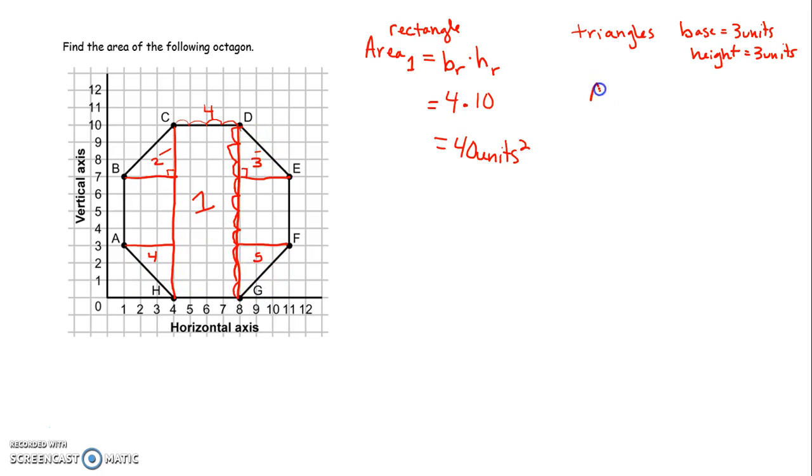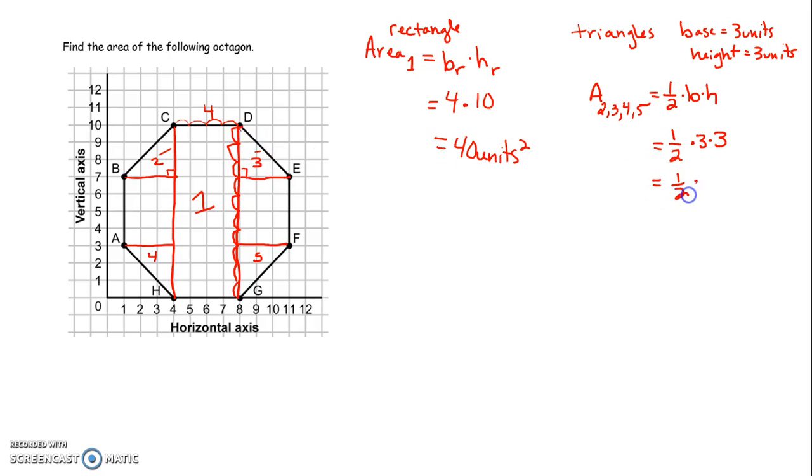So to find the area of figures 2, 3, 4, and 5, I'm going to write down the formula for the area of a triangle, which is 1/2 times base times height. That's going to be 1/2 times my base of 3 times my height of 3. The base was 3, the height was 3 on each of those.